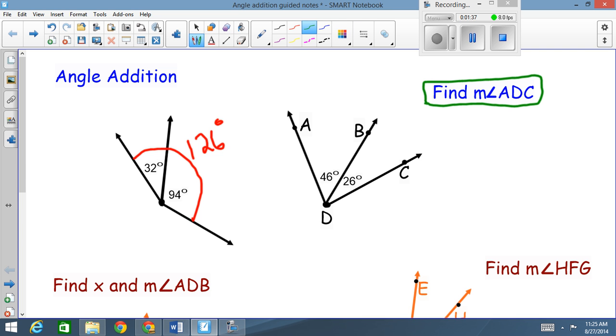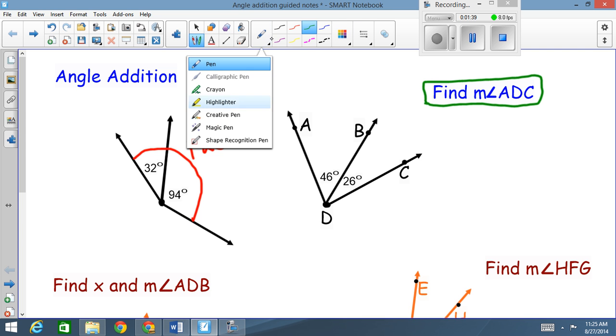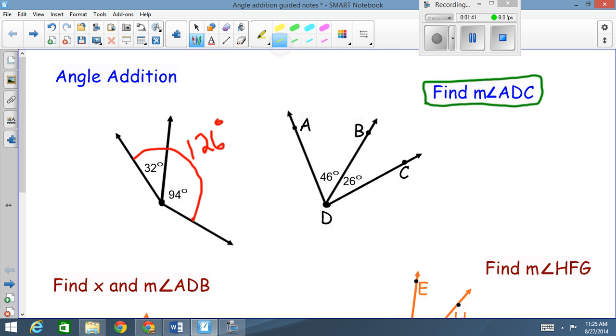Well, as we talked about when we did our other notes on vocabulary, the way we name an angle is to start at a point on one ray, go through the vertex, and finish at another point. So that highlighted angle there, that is the angle ADC.